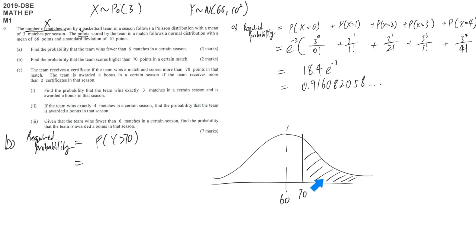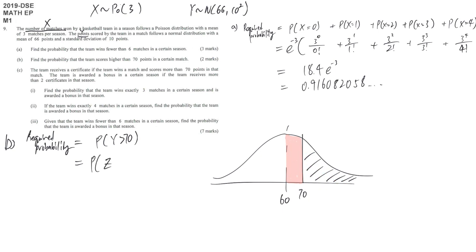Then we just need to calculate the corresponding standard score, and then use the table. The standard normal distribution table will give us this area. So we are going to use 0.5 minus this area to get the required area here.